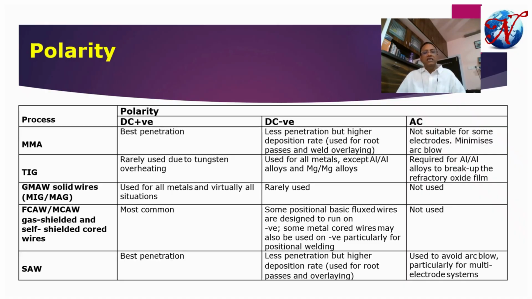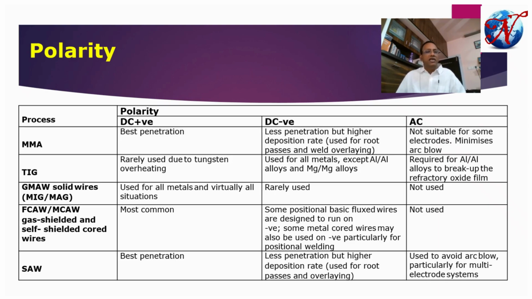Particularly for the SMAW welding process, direct current electrode positive gives the best penetrability. Direct current electrode negative gives less penetration but a higher deposition rate, and is used for root purposes. For AC welding in the case of SMAW, it is not suitable for some electrodes, but it minimizes arc blow.